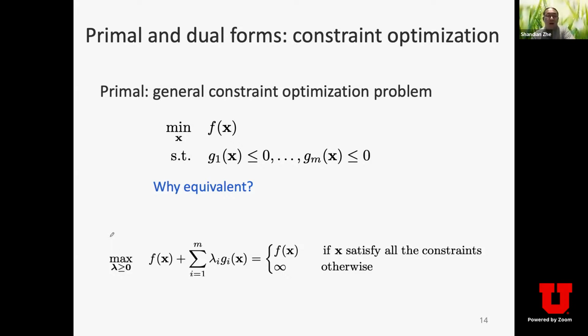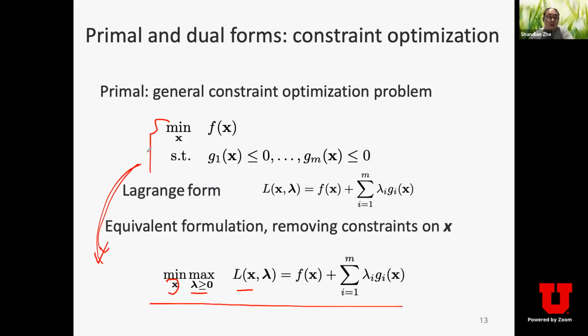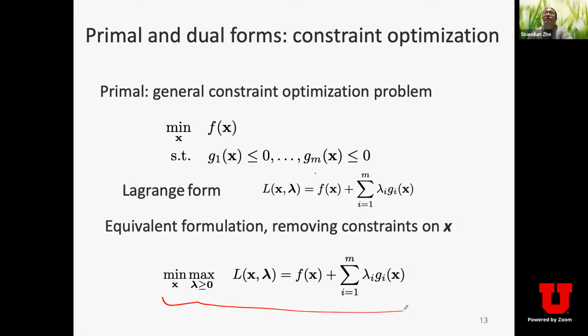If we contrast these two problems, we want to look at why they are equivalent. Remember, the second problem is a minimax optimization. It's a bi-level optimization problem.